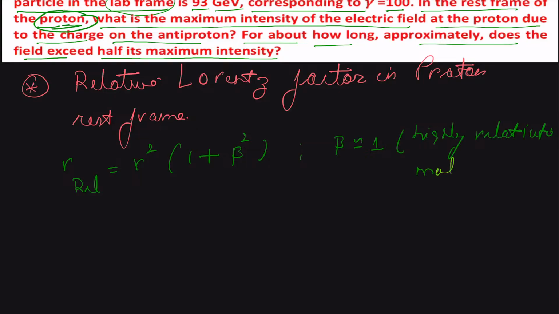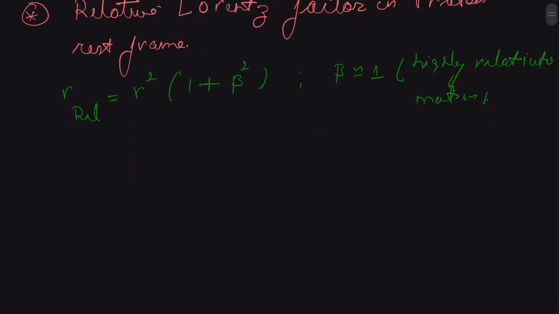Therefore, we can write that our gamma relative will be approximately equal to 2 times gamma square, and gamma is given to us as 100, so this becomes 2 times 100 square, and this can be written as 2 into 10 raised to the power 4.